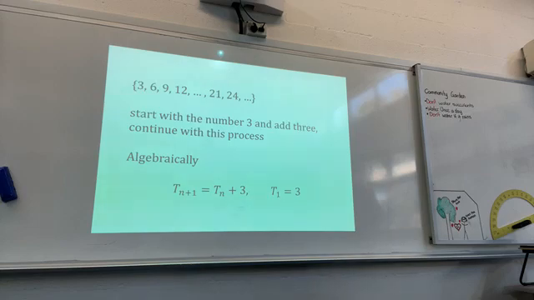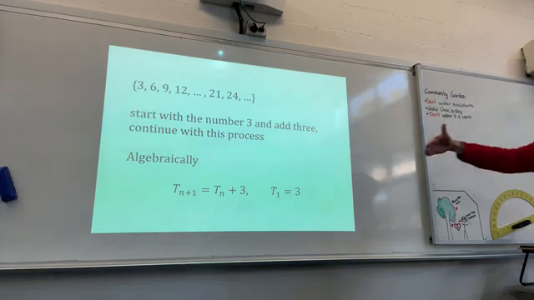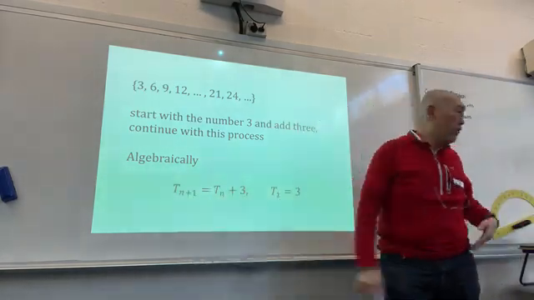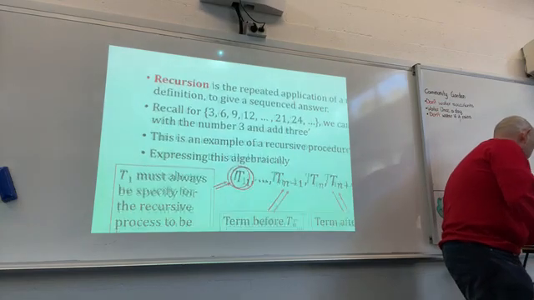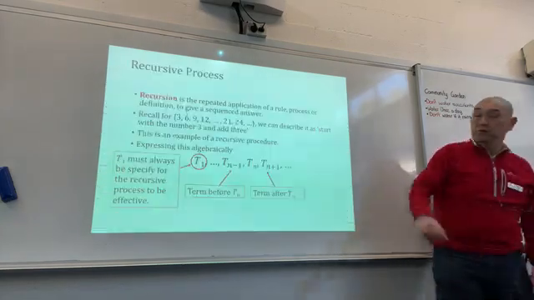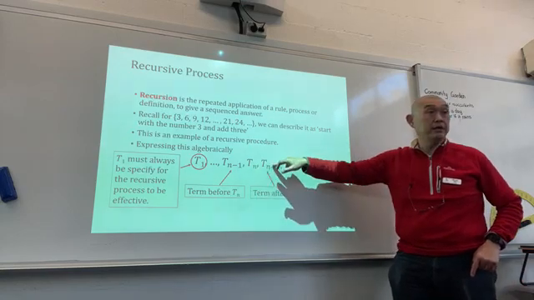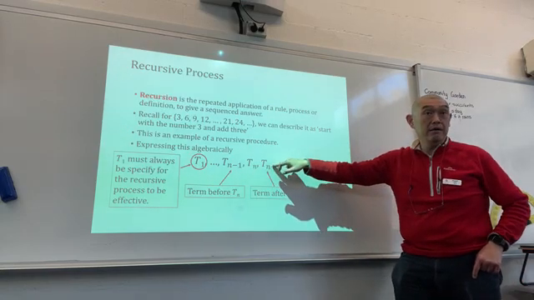So algebraically, I can say Tn plus 1 equals Tn plus 3, and T1 equals 3. So what I have described with this recurrence process is the rule. Alright, go back to this one. So, the term after Tn, Tn plus 1, is Tn plus 3. Correct? Yeah?